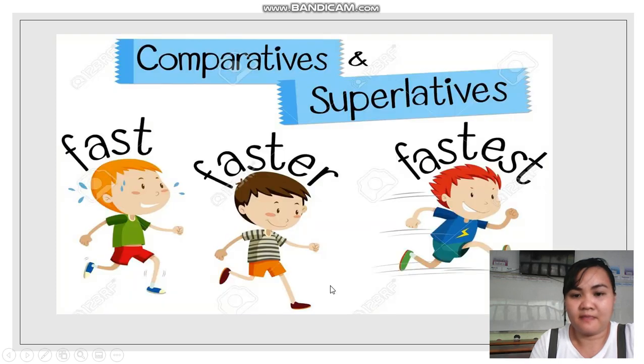Okay. Next we have fast. If we're going to compare these two, we're just going to add er. So the second boy is faster than the first one. But the fastest is this one, because we are comparing three persons, and he is the fastest of them all.